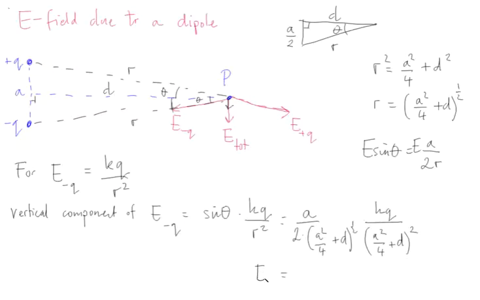And when we simplify this, we take the k out the front, times a times Q divided by 2 lots of, and then these two things multiplied together give a squared upon 4 plus d squared to the power of 2 multiplied by something to the power half is to the power, sorry, this should be a 1 here.